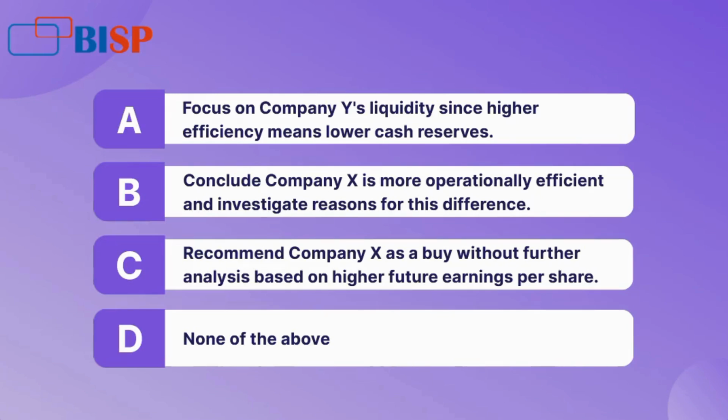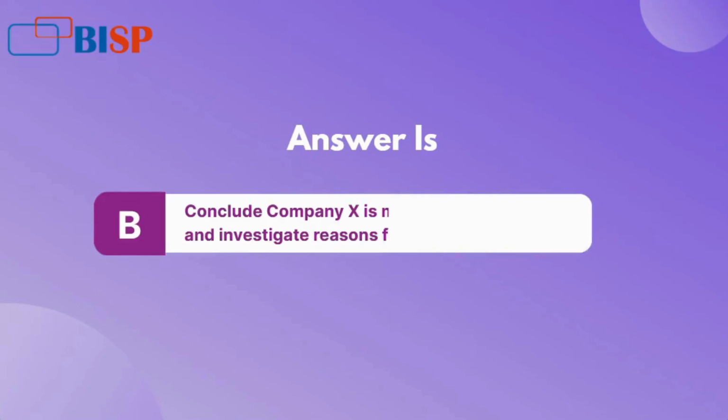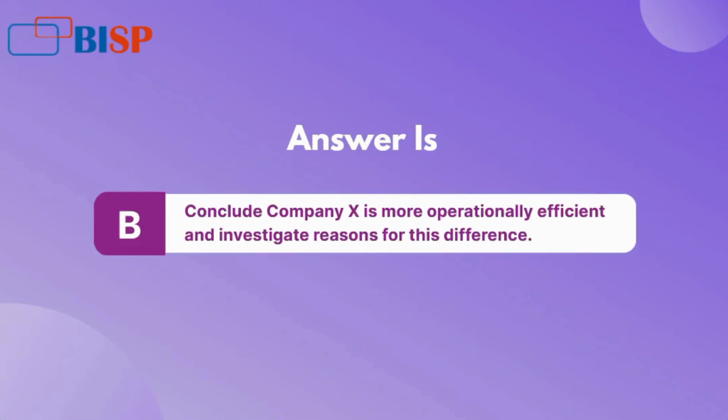C. Recommend Company X as a buy without further analysis based on higher future earnings per share. D. None of the above. Answer is B. Conclude Company X is more operationally efficient and investigate reasons for this difference.